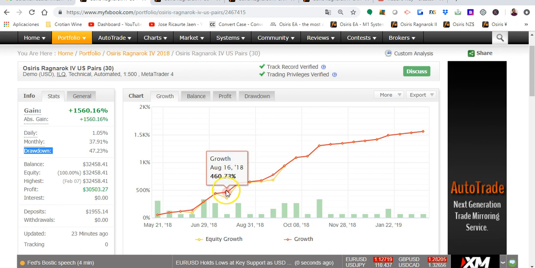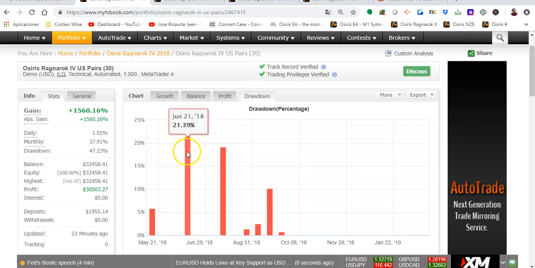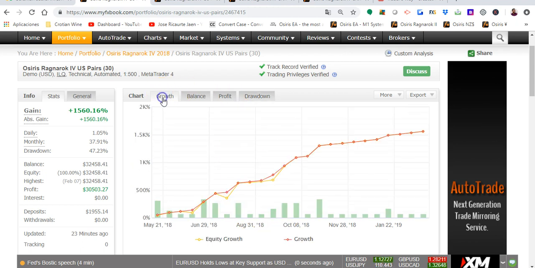It means that there is a drawdown. This section tells you about the drawdown. We can see here the risk happened in June, at the beginning very low, and then almost zero, because the account keeps growing. You can see how smooth and efficient the growth of the account is. Very important to notice this.